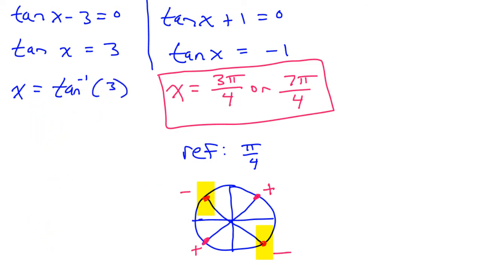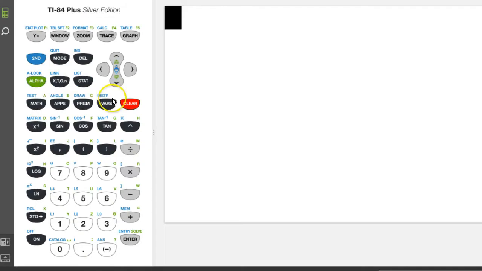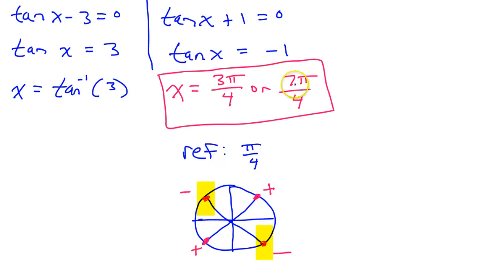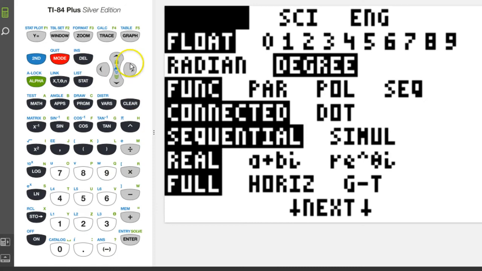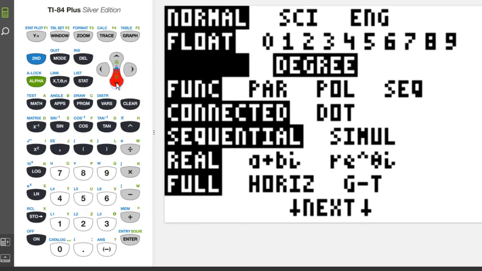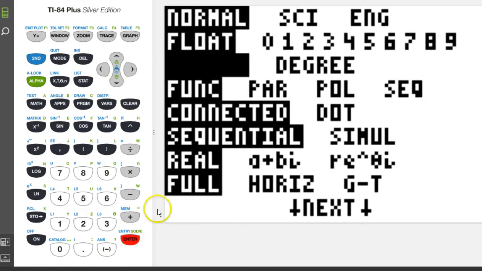Okay, so I'm going to use my calculator to figure out what that is. Before I do that, everything else we've done so far has been in radians. You know, 3 pi over 4, this is all radians. So let's make sure our calculator is in radian mode and not degree mode. All right, let's be consistent. So here we are in radian mode.